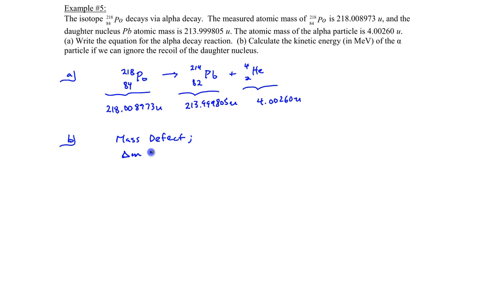delta M, which is basically the mass that goes missing from the beginning to what you have at the end. So we have 218.008973 minus 213.999805 atomic mass units, and minus 4.00260 u.